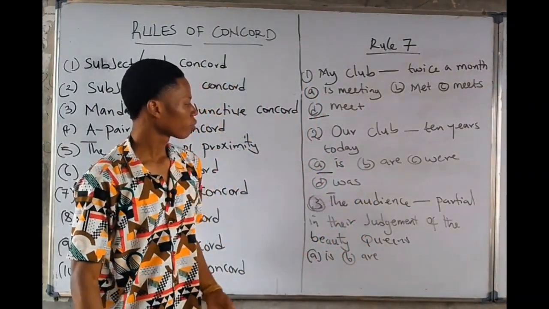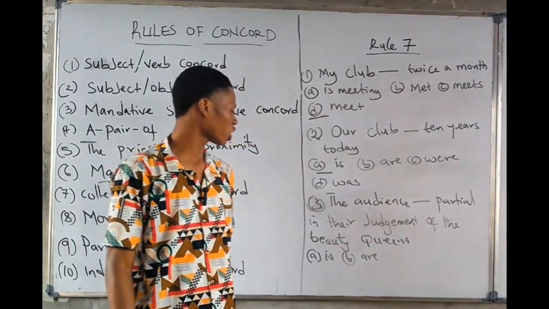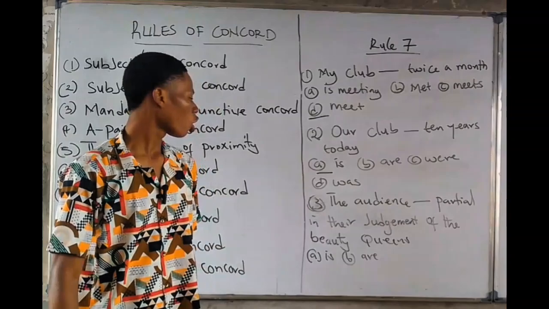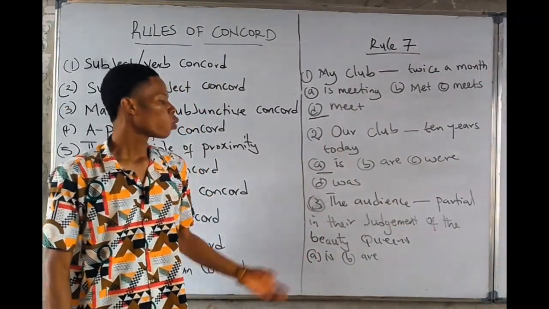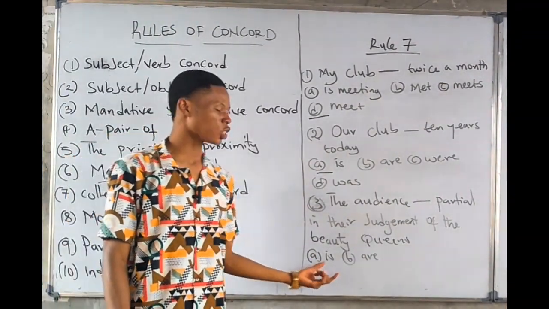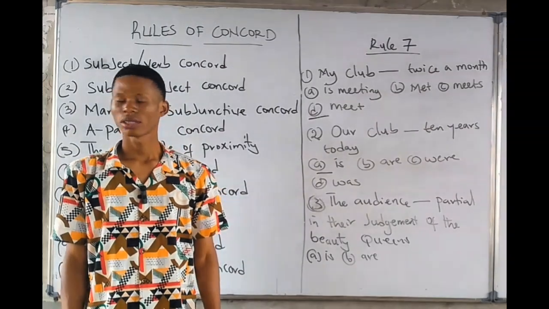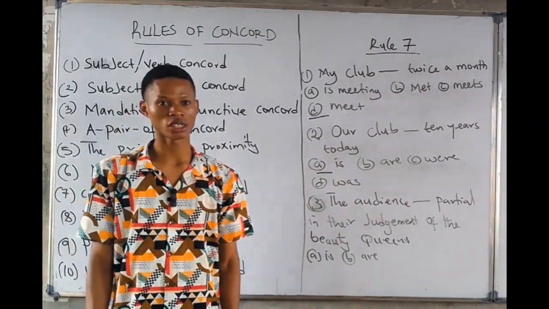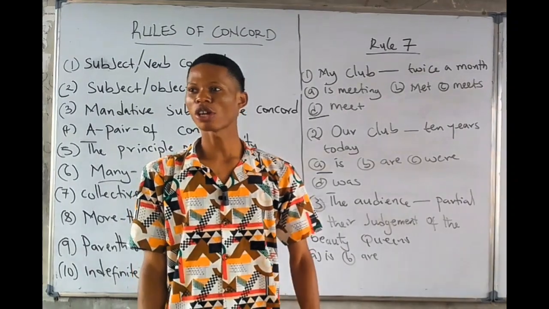Next one here. The audience dash partial in their judgment of the beauty queens. So what will be the answer? Is it "is" or "are"? The audience are partial or the audience is partial. What will be the correct thing?